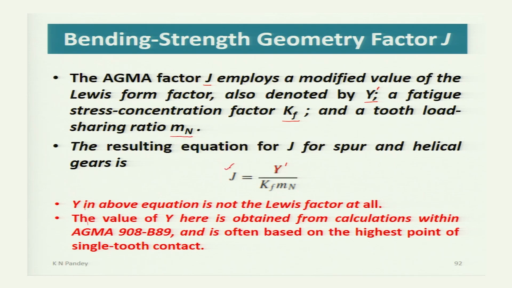So, geometry factor J, which is used in the AGMA bending stress equation, is given by Y dash divided by Kf Mn. Y dash in the above equation is not the Lewis form factor, but it is the modified Lewis form factor.